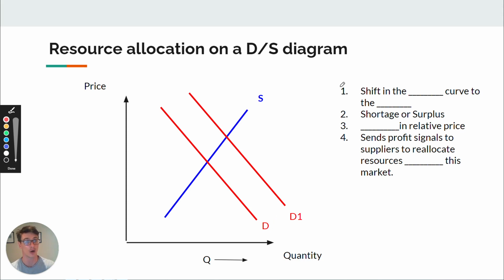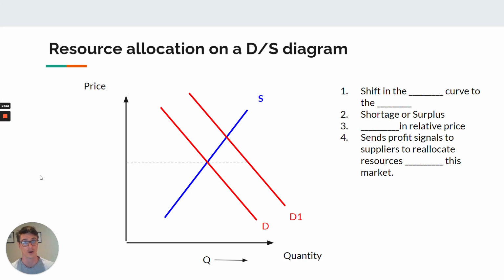Okay? And so we're going to go through this 4-step process here. First of all, a shift in the demand curve to the right. Now I'm doing this with my mouse, so I'm not going to write it fully, but you get the picture. Now we need to think, does this create a shortage or a surplus? And here we're going to use the skills that we learned in the last video, where we looked at how a market moves from one equilibrium to another.